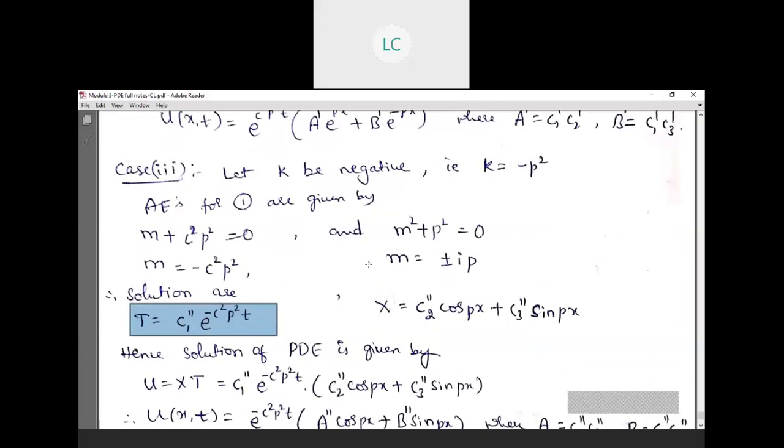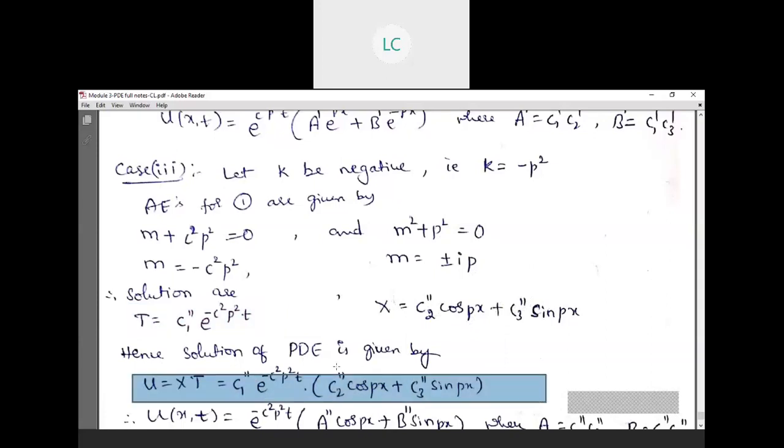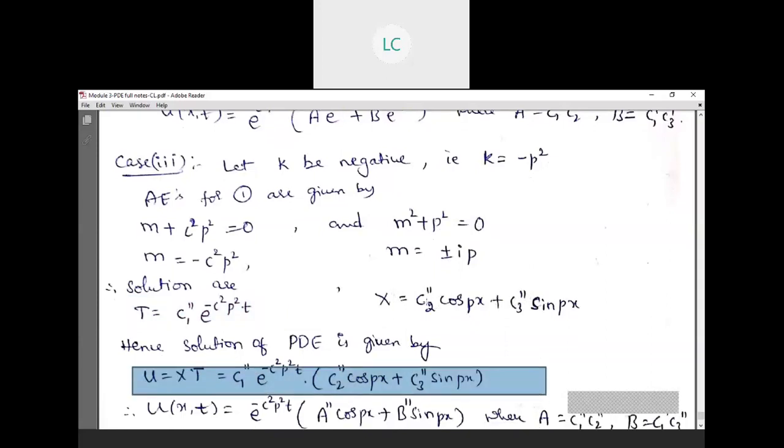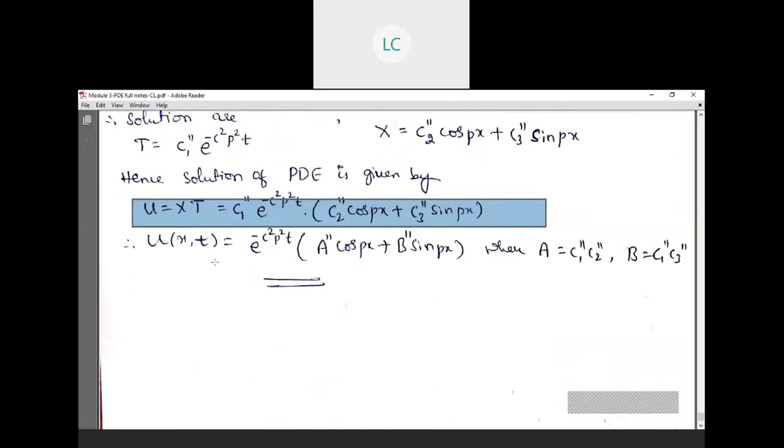Here, for ip, X is c2 double dash cos px plus c3 double dash sin px. You just combine, you will get u: multiply those two, XT, here I multiplied TX, both are the same. So u is equal to e power minus c square p square t, which is common, times (c1 double dash c2 double dash, which is a double dash, cos px plus c1 double dash c3 double dash, which is b double dash, sin px). This is the required solution.